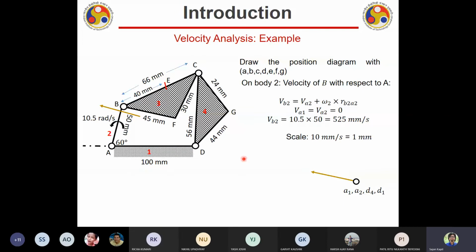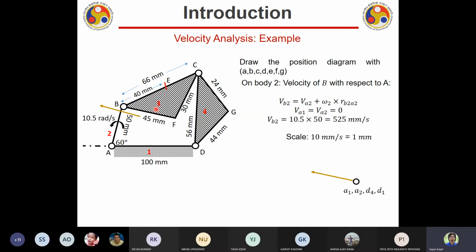Now let us solve one more problem. And I think with this we will stop. You have 15 minutes. Okay. I have already told you many tricks to solve the problem. Like if the problem asks you to find the velocity of point E, point F, point G, you can easily find it by using the velocity image theorem also. Okay, so it's up to you which method you use, or you use a completely graphical method, that is also fine with me.